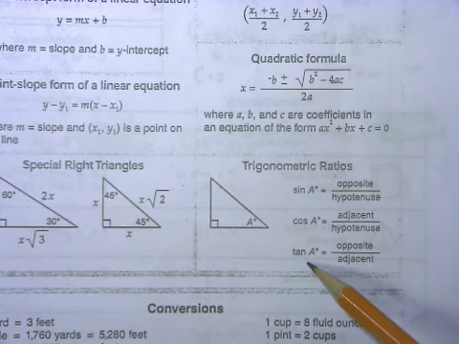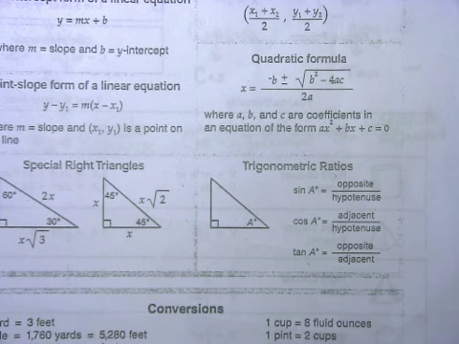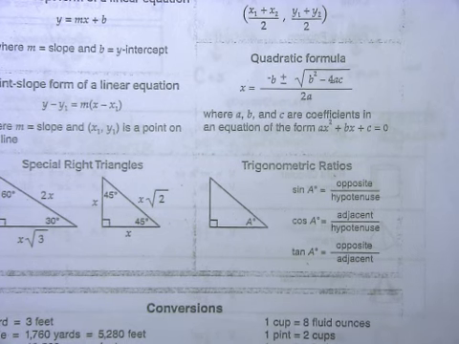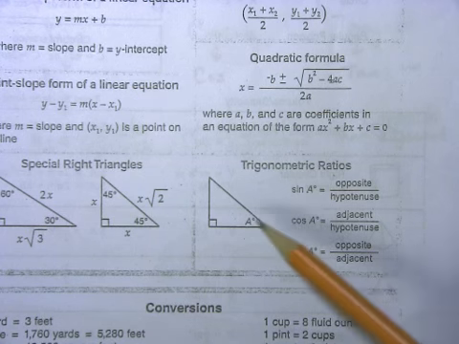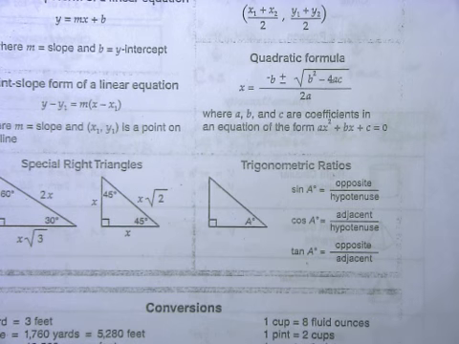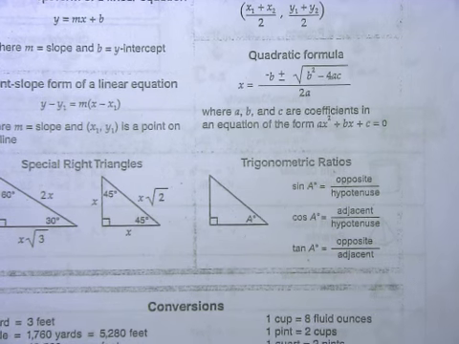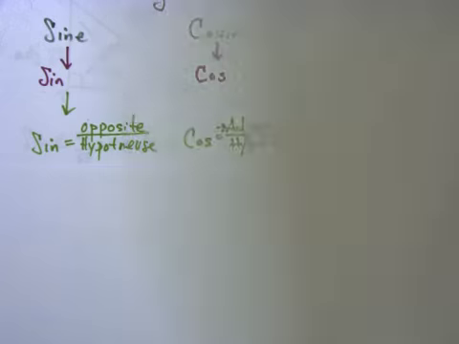Here I have the sine, cosine, and tangent functions of angle A. Here's angle A. It tells me that it's the opposite over the hypotenuse, adjacent over hypotenuse, and opposite over adjacent. And again, like I said earlier, it's relative to your angle. So here we're talking about this angle A, and we're going to get more into that in a second.